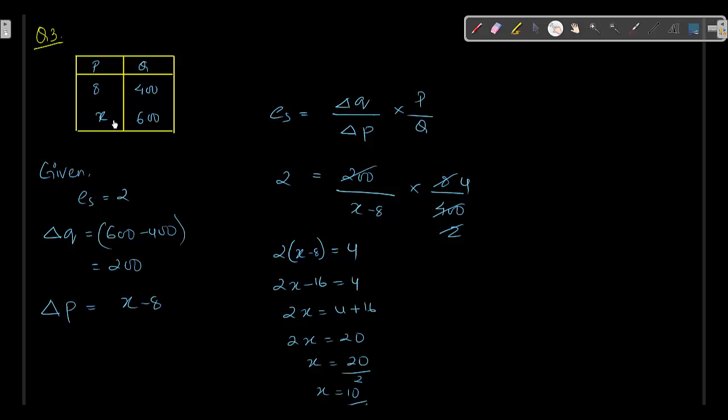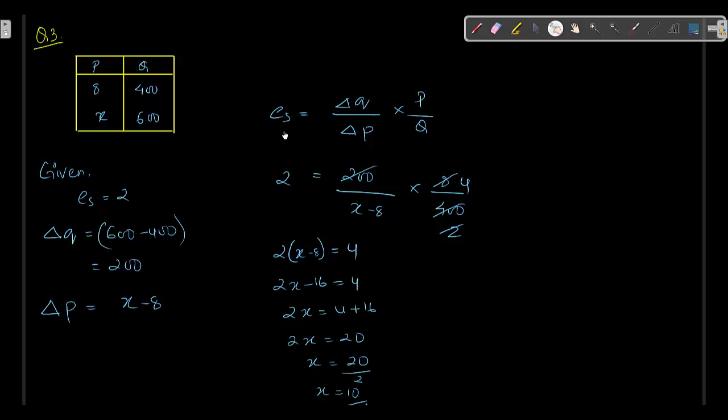So whatever the price is, we don't know how much the price is increased. So now we don't know, therefore we wrote it as x here, and the quantity will be 600. So now find out delta P and delta Q. So delta Q is equal to 600 minus 400, it is 200. Change in quantity is 200, change in price we don't know, therefore we wrote it as x minus 8.